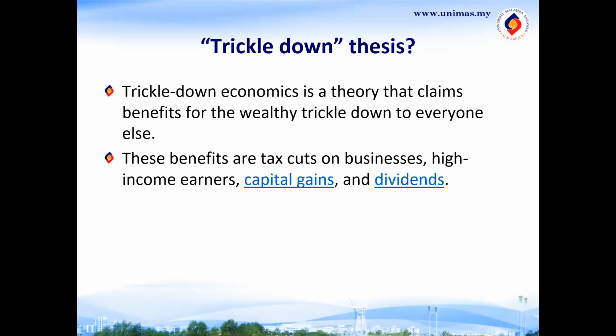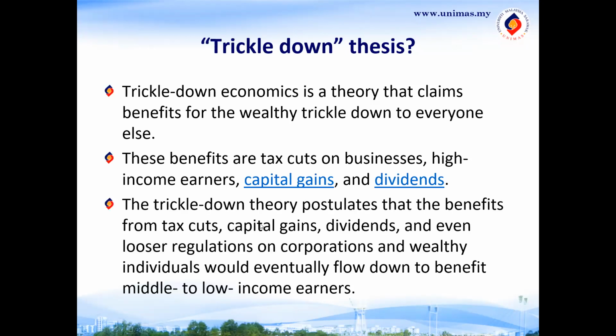For example, benefits from tax cuts on businesses. The richer people are, the more their income, the bigger the tax deductions. Right? So high income earners, capital gains and also dividends are taxable. So the more you gain, the more you earn, the more you pay in terms of tax.